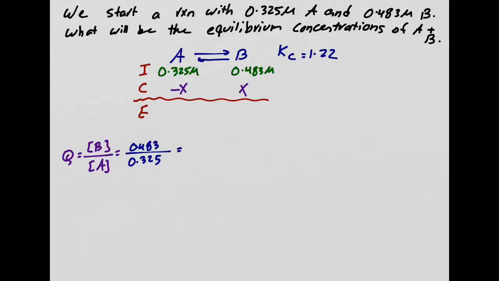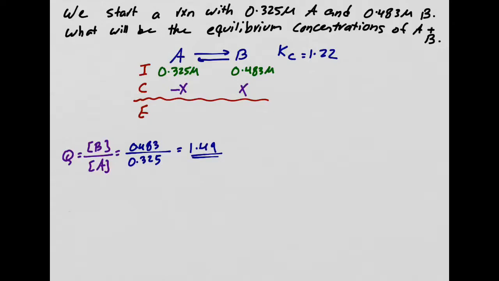Okay, that's pretty good. So if we do this, what is going to be Q? Q is going to be 1.49.